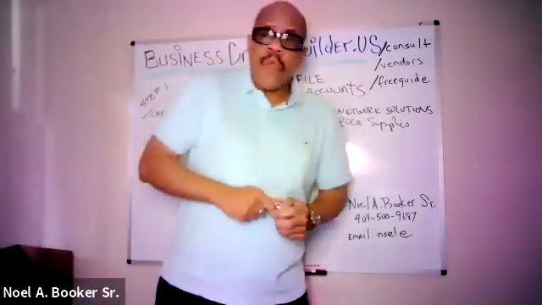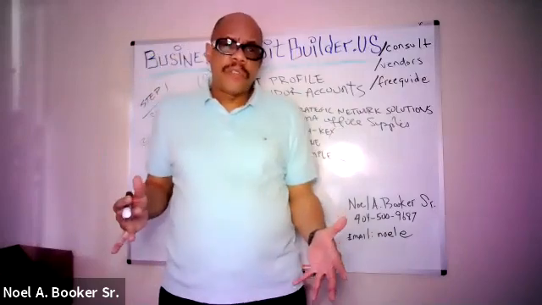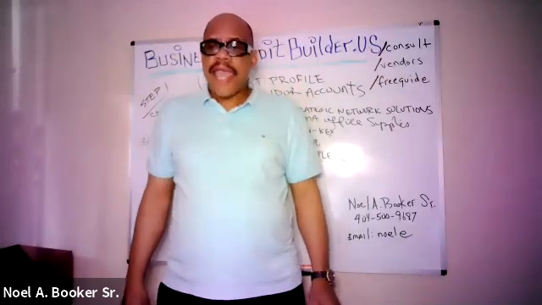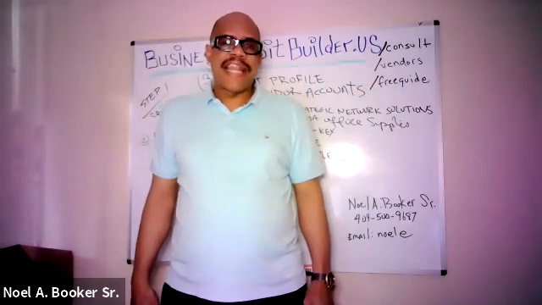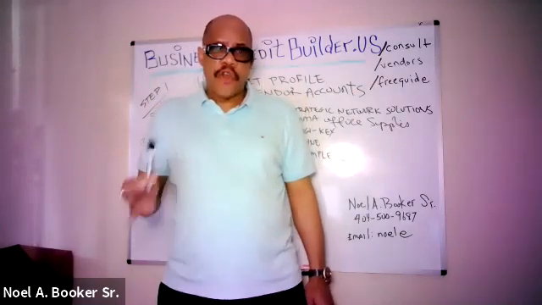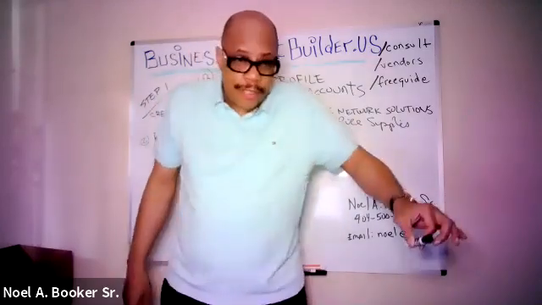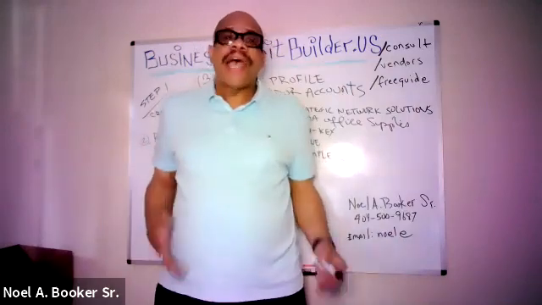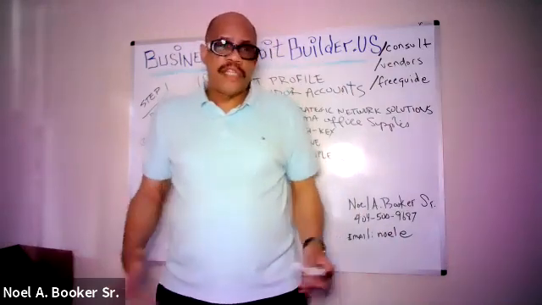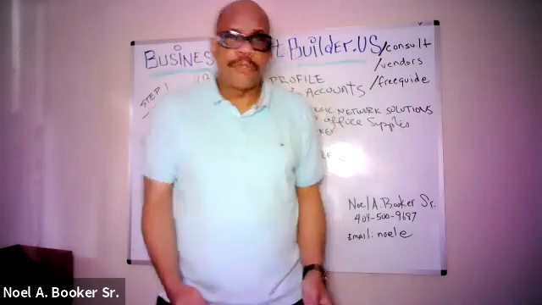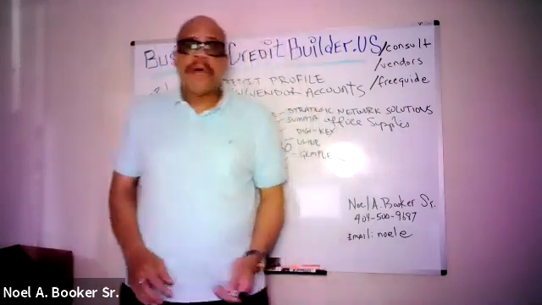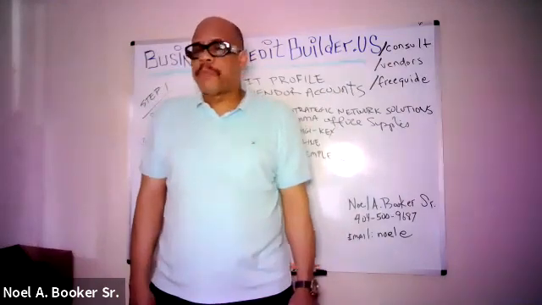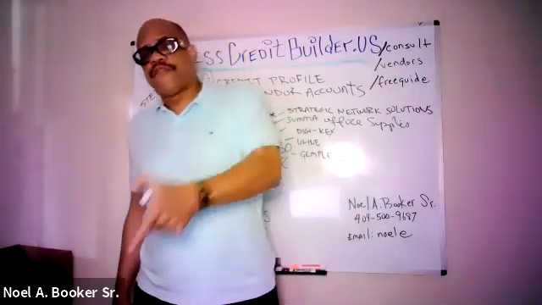Now, when you get these net 30 accounts, keep in mind, do not use your social, and keep in mind that you need to spend at least $50 in order for them to report to the business credit reporting agencies. Every vendor has a different strategy as far as how much money you need to spend, but a good formula is to spend at least $50 with these vendors.